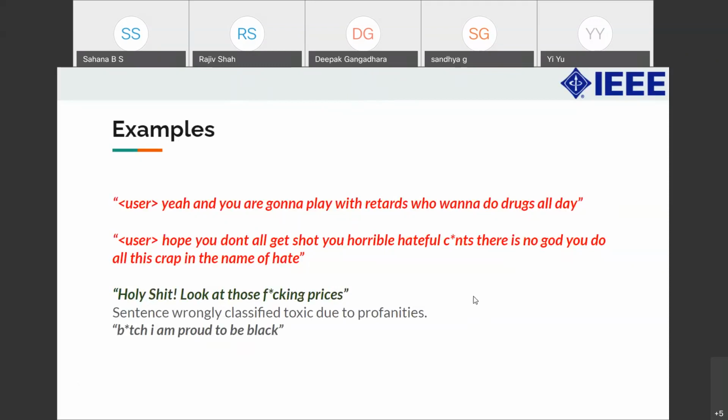The first one doesn't have anything like that. And even when it comes to racial slurs, the models don't really understand that. Our model could solve that too, to a certain extent. But again, you can see in this example, our model didn't do that well. So these two are the challenges that our model could solve.